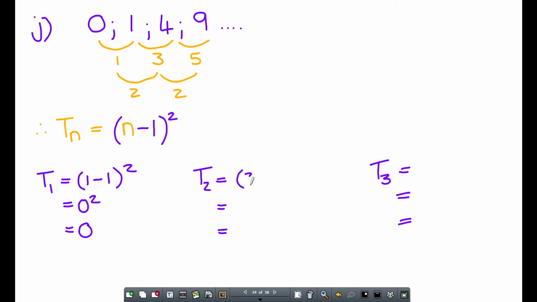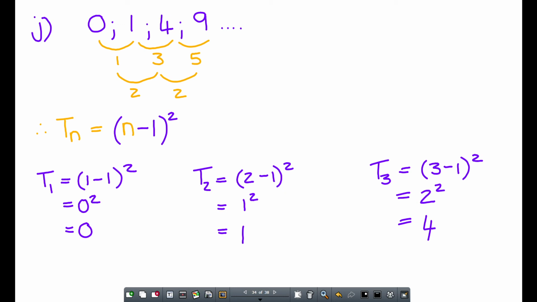Then I'm going to have 2 minus 1, which is going to give me 1 squared, and that is 1. And is term 2 1? Yep. Term 3 would then be 3 minus 1 squared. That means it's going to be 2 squared, which gives me 4. And look at term 3's answer. It is 4. Do you guys see what I mean?